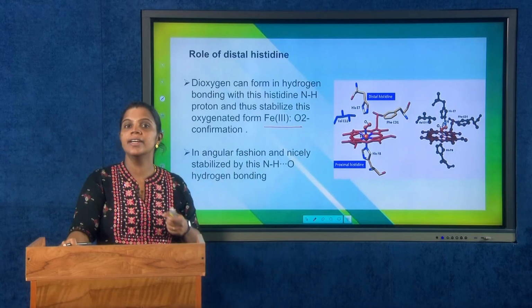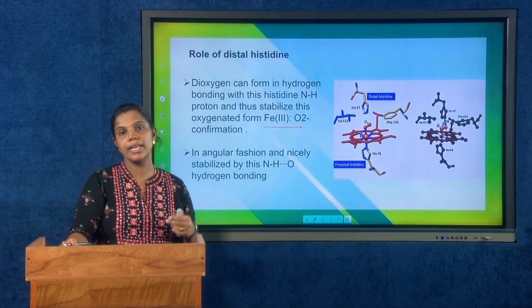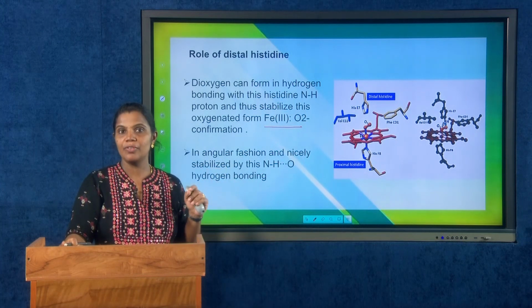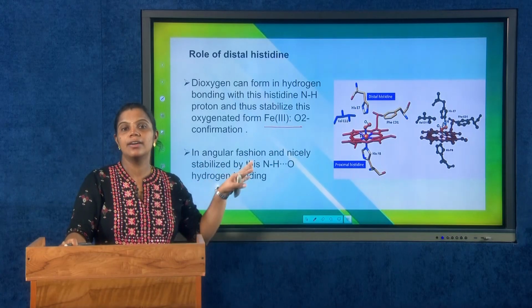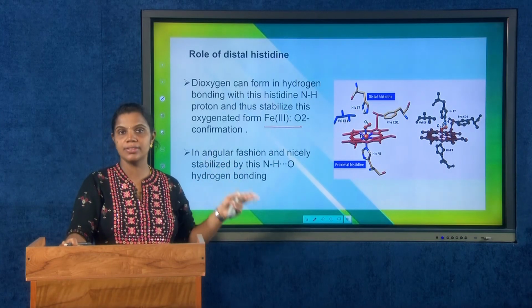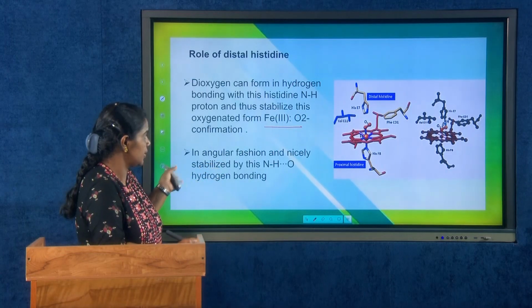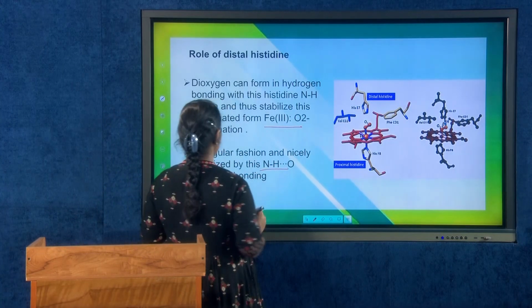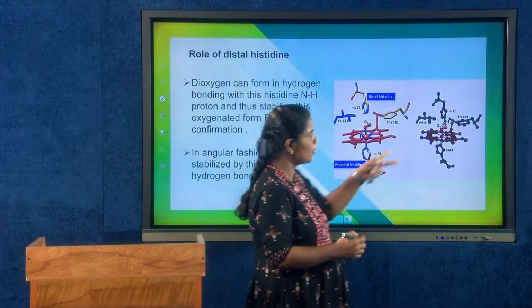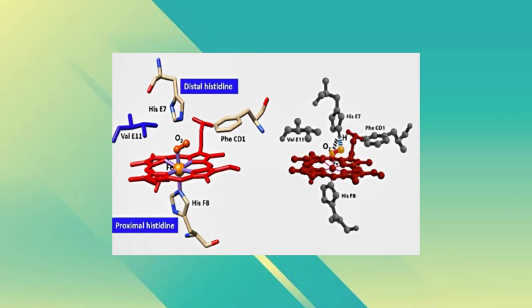Since the distal histidine forms the NH–oxygen hydrogen bonding with the oxygen, this stabilizes the Fe3+ O2 minus, that is the superoxide conformation, in the angular fashion. This hydrogen bonding is in the angular fashion, and it nicely stabilizes the histidine–oxygen bonding.